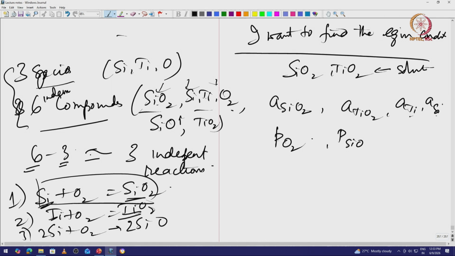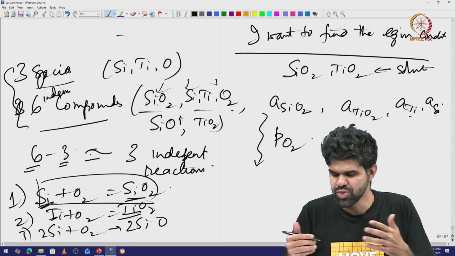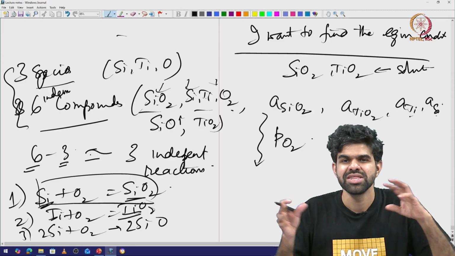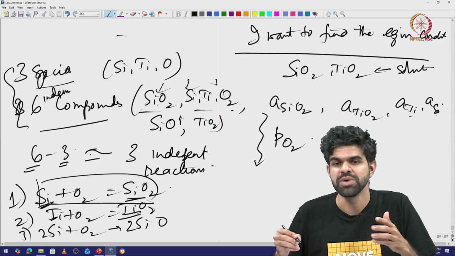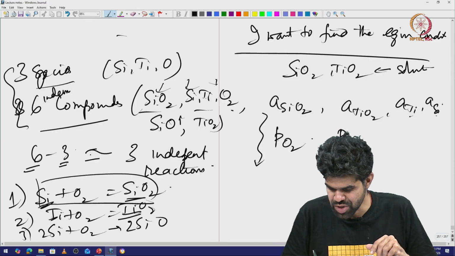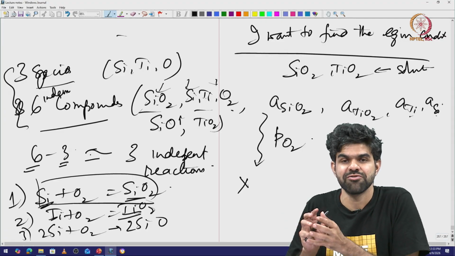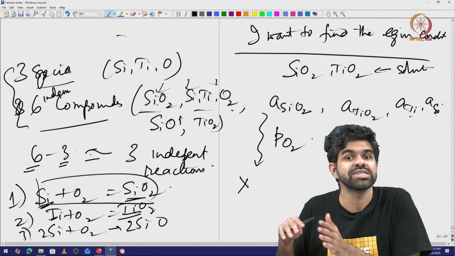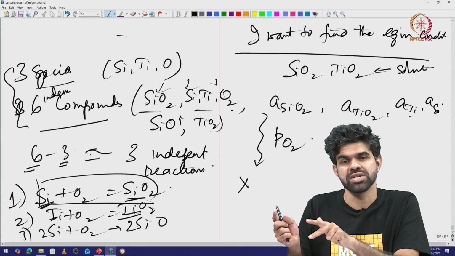Now okay, so I can always assume, so this is what I start doing from now on, that activities are the same as concentrations because the solutions are dilute enough, or I can use Raoult's law, Henry's law, which I didn't discuss, in a way that I can assume that the activities are the same as concentrations, right. If they are not the same, I need to know which solution it forms, right. Is it a regular solution, or is there some other solution model where I know the relation between activity and concentration, right.